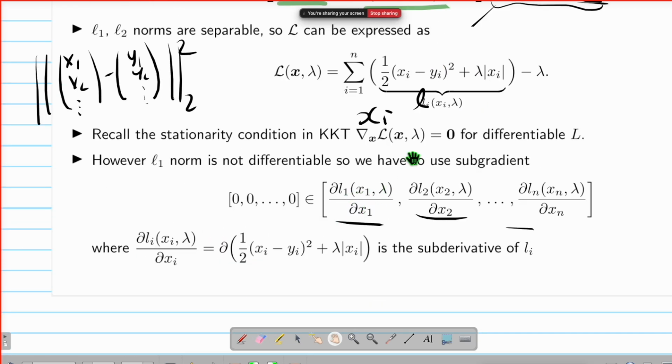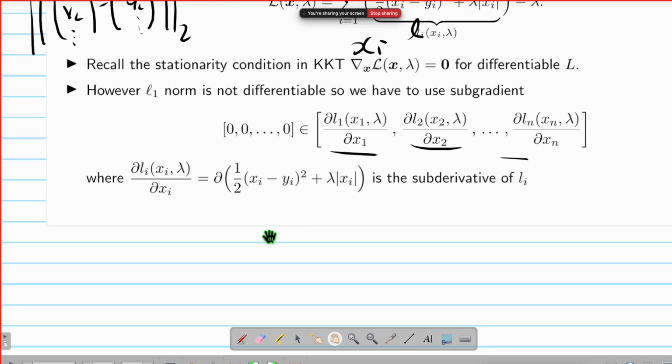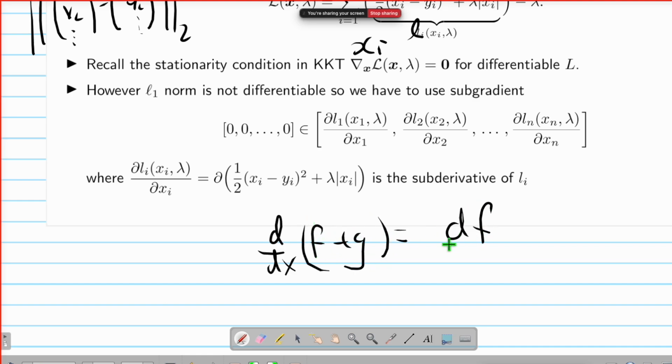This term is just one particular term without the summation sign, and now I do the sub-differentiation. That means I put this symbol on this big bracket without the summation sign, for one particular i. And sub-differentiation becomes normal differentiation if the thing is differentiable, so this part can go inside. Let me tell you one important thing. In year 1 or high school, you may know that this thing is df/dx plus dg/dx, and you can split it.